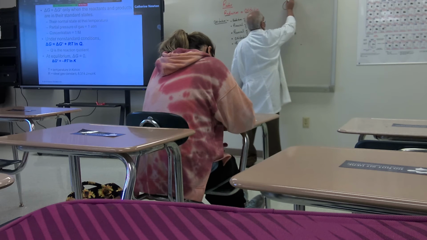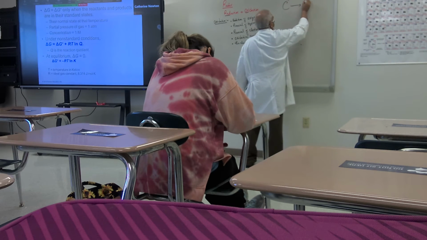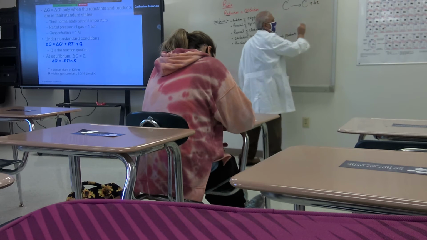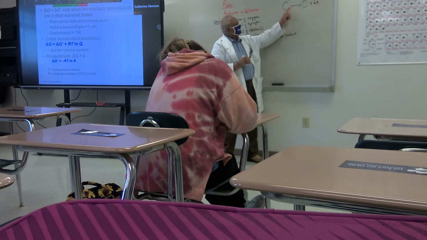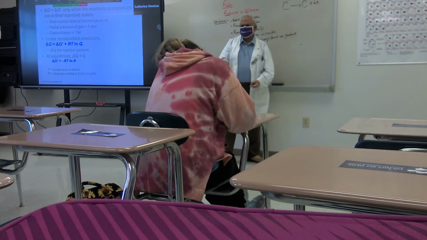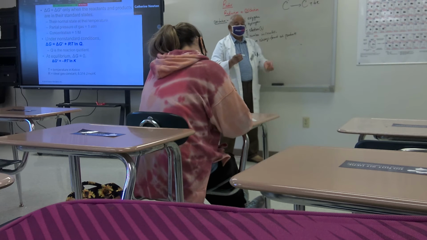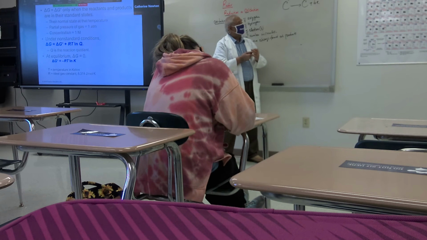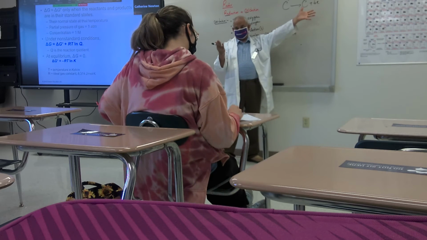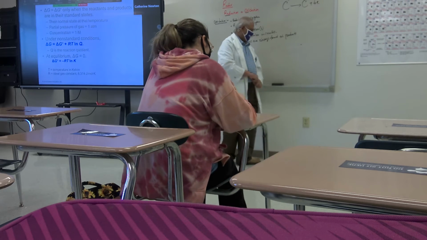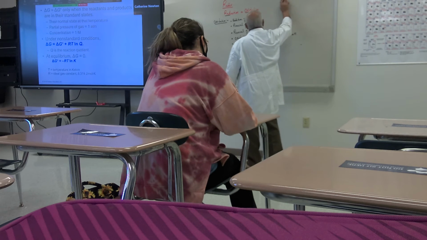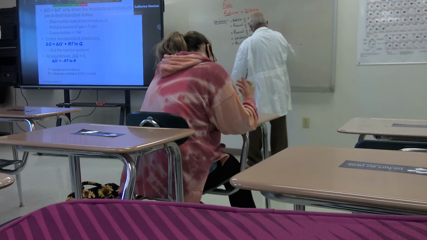So carbon 0 gives carbon 4 plus, 4 electrons, agreed? On the left side of this arrow are reactants and on the right side products. So in the oxidation reaction, the electrons will always be on the product side. Okay, now similarly, we have to define what reduction is.